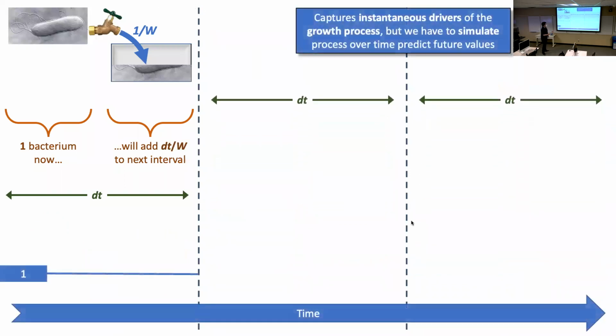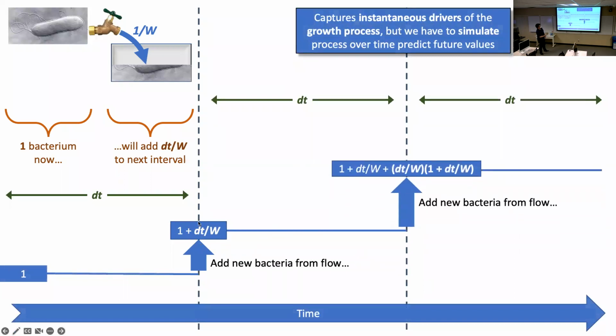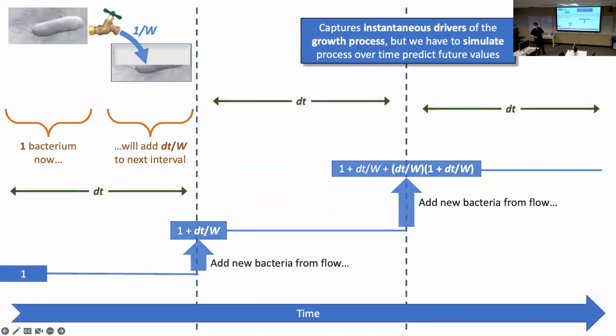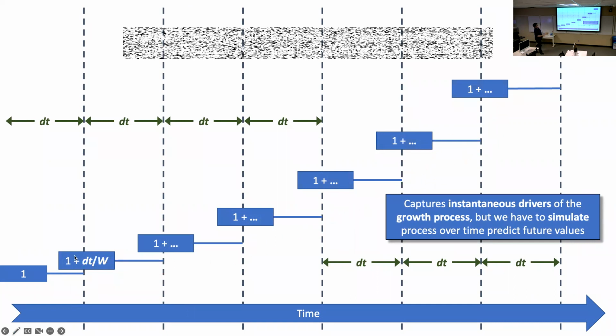And so we can say we start with one bacteria, we get one plus a small bit, and then we get that small bit plus another small bit, and so on and so forth. And so we can predict that. And if we do that over lots and lots of time periods, then we end up getting what hopefully starts looking like an exponential growth curve down here.